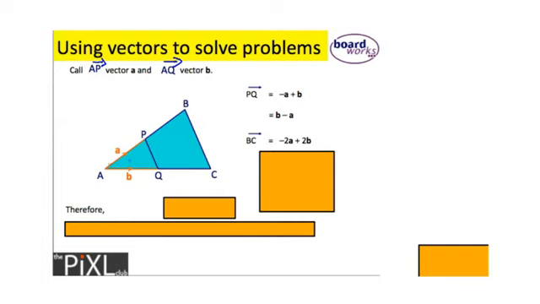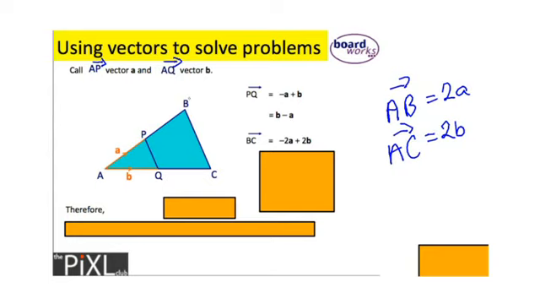If we know the vector from A to P is A, the vector from A to B must be 2A. It's double the length. If we then look at our vector from A to C, we know A to Q is B, and it's double. Q is the midpoint. So A to C is 2B.